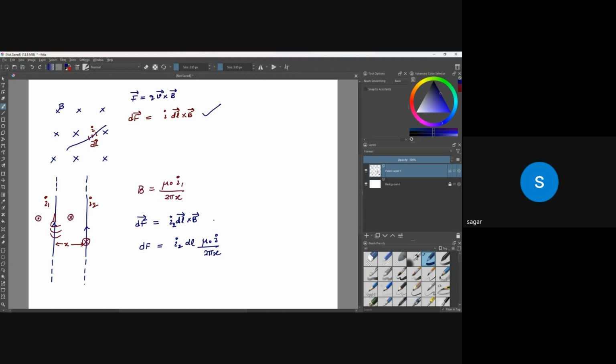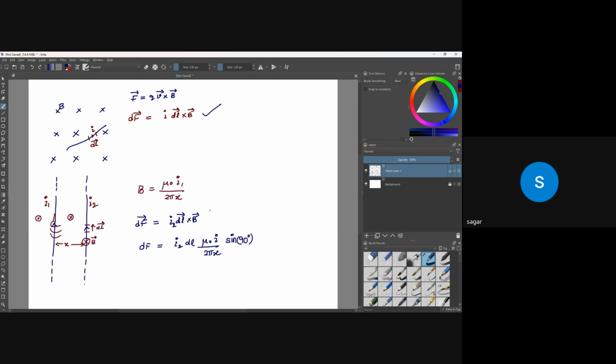The cross product will also give you sine, but that sine becomes 1 because the angle between the field vector and the dl vector is 90 degrees. The magnetic field B bar is going inwards, and the small element dl is upwards, so the angle between both of them is 90. That is the force dF acting on this small element.